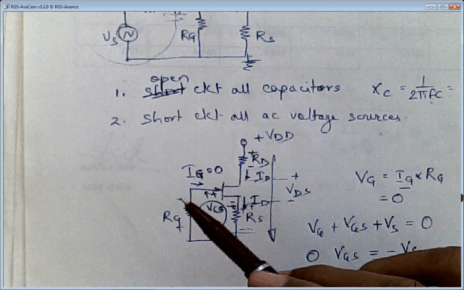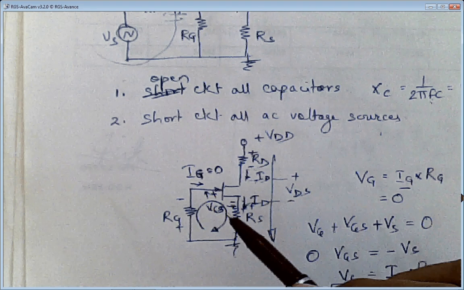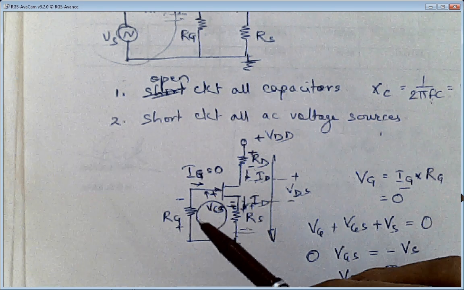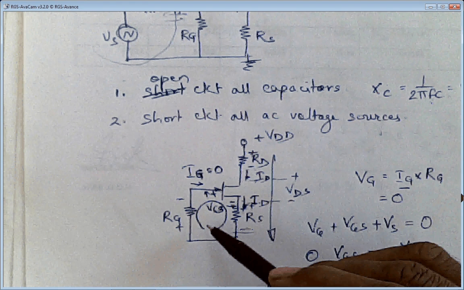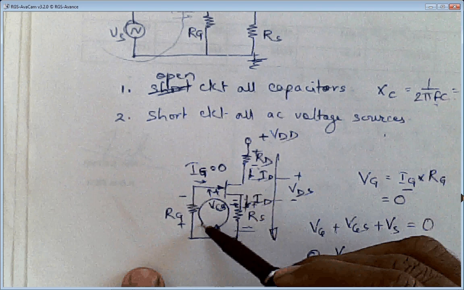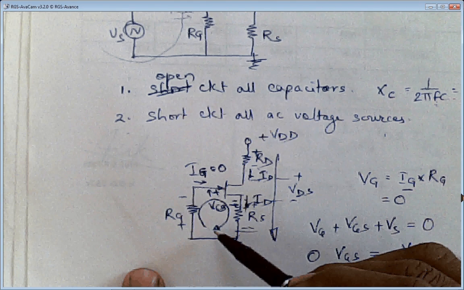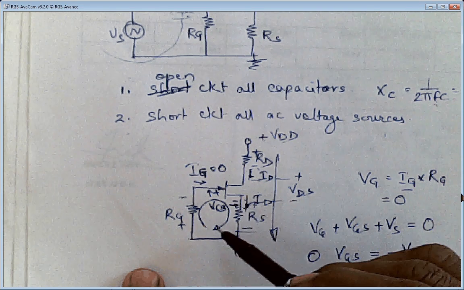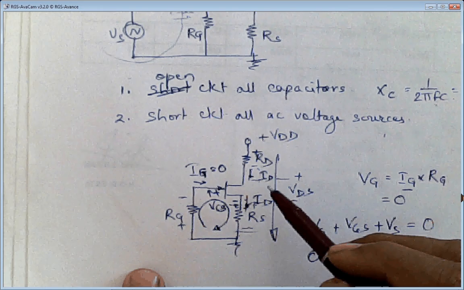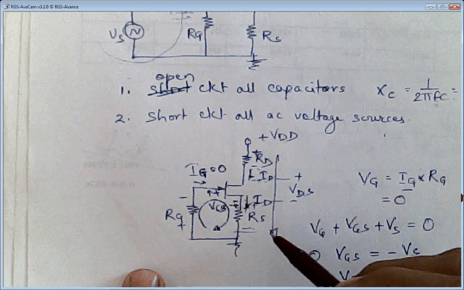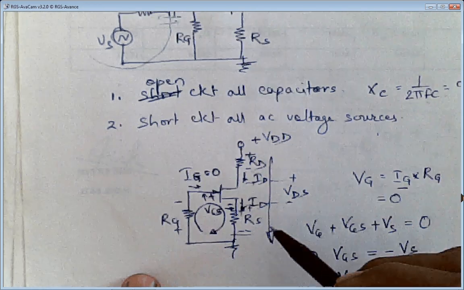So that is called DC analyzing. To do this DC analysis, we'll take 2 loops. One is the loop at the input through this path, and we'll see what all the components are coming. And second loop will be VDD and this output path. So first we'll see the input loop.